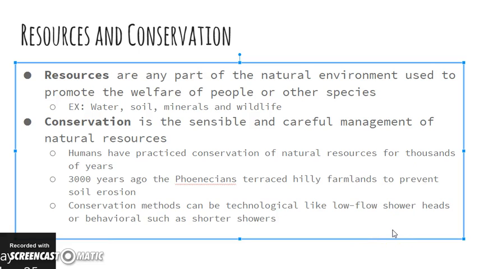So the conservation methods can be both technological, like low flow showers today, or it can be behavioral, such as you taking a 5-minute shower. So there are all kinds of ways we can conserve, and it doesn't need to take lots and lots of money though. Conservation efforts can be changing your own behaviors, changing your neighbors' behaviors, changing those around you behavior, and thus changing the whole world's behavior.